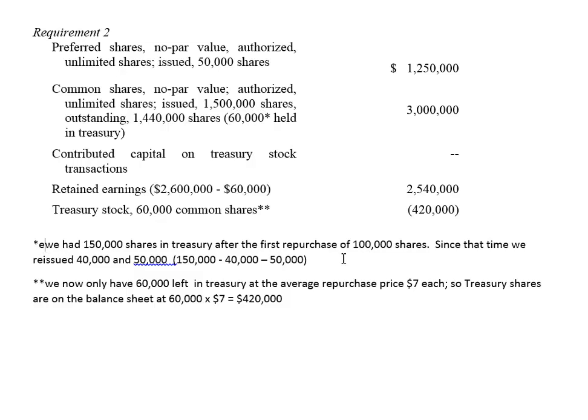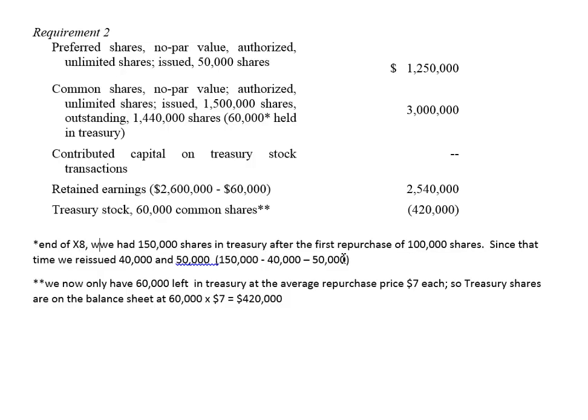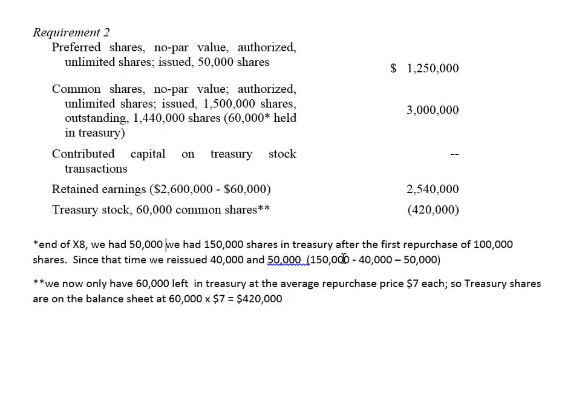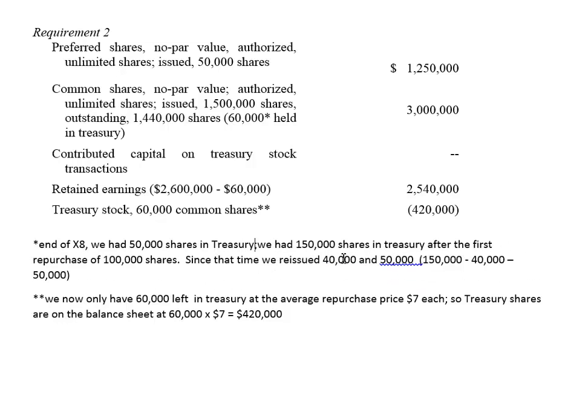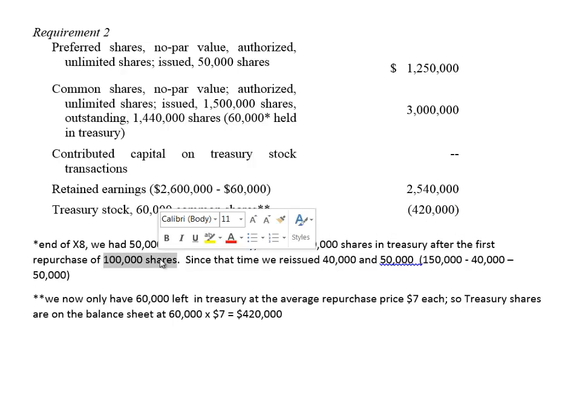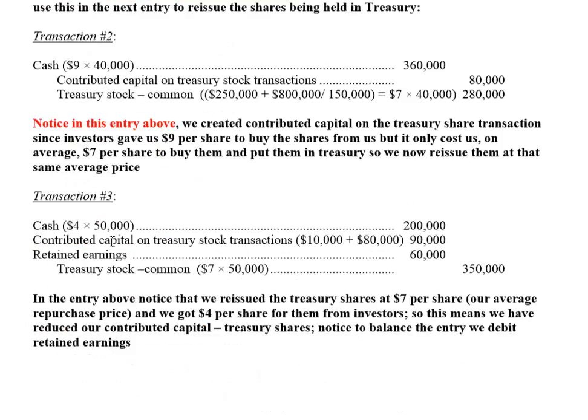So I'll put this in here. End of X8, we had 50,000 shares in treasury. But we had 150,000 shares in treasury after the repurchase of 100,000 shares. So after we did transaction 1 here, you can see we now had 150,000 in treasury.